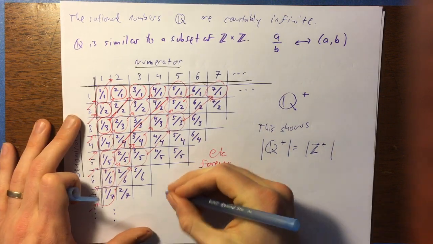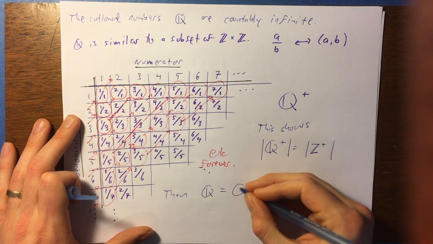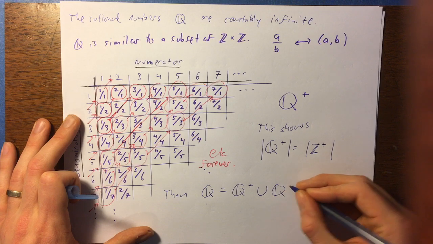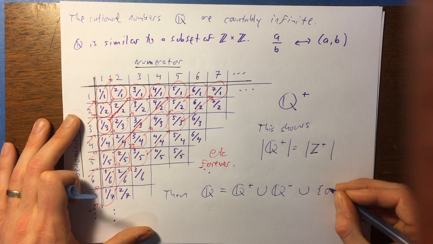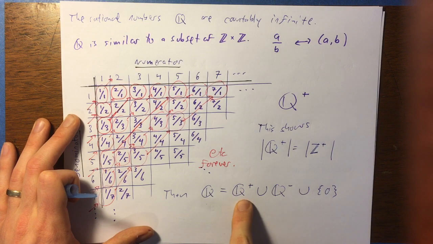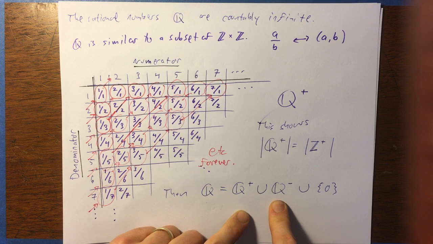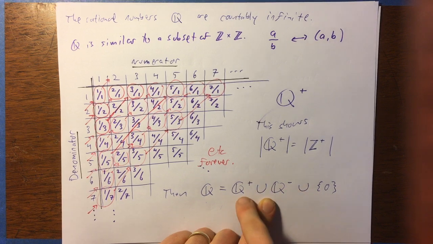And then what you can do is you can say, well, the set of all rational numbers is basically going to be the positive rational numbers union with the negative rational numbers, and then union with the set that just contains 0 by itself. That's countable, as shown, right? You can show that Q negative is countable just by mapping it to Q positive, by multiplying by -1.